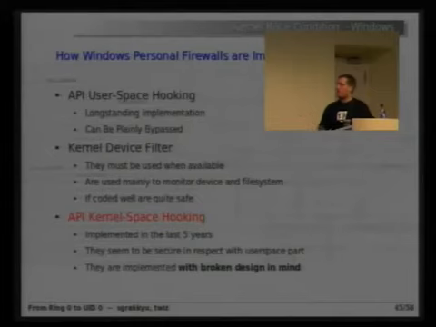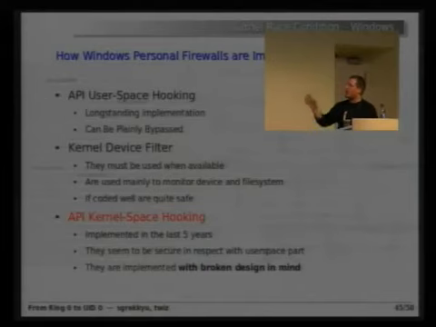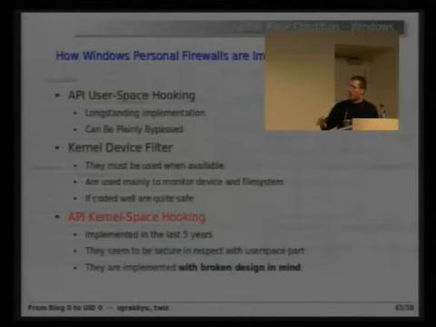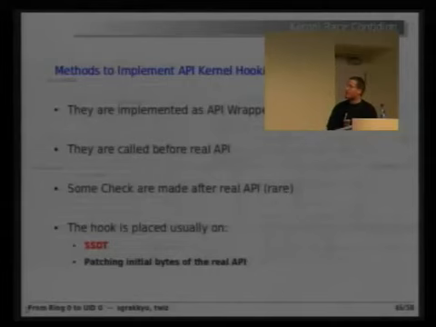This is quite safe. And the kernel space API hooking that is used by most of these products seems to be secure compared to user space API hooking, but it is a broken design because it's placed in the middle of the chain of API hooking. Here is the API wrapper, then the original API, accessed from user space.